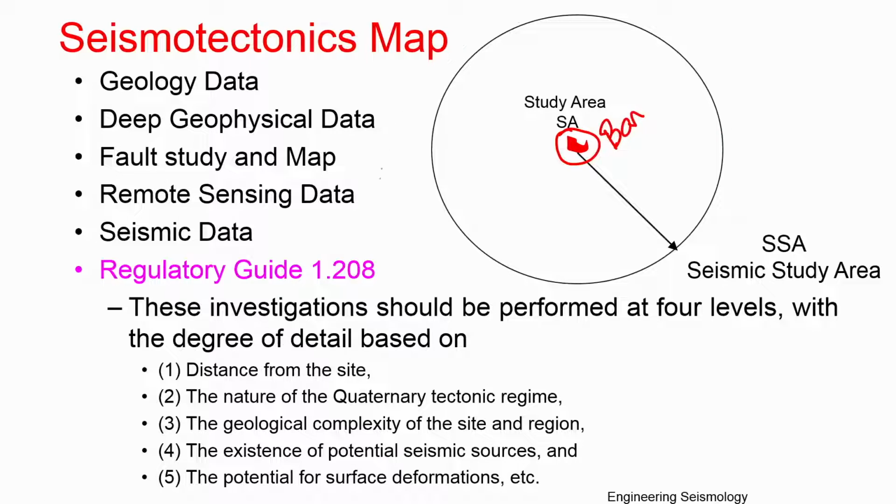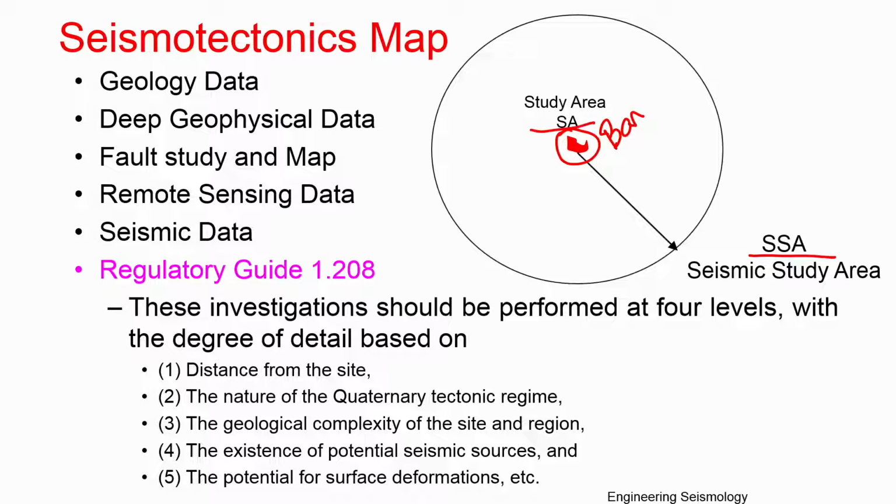How I will decide this radius is what we are going to discuss: what is the practice we follow, what are the lacunae in that, and in what way we can select a more representative study area. So you have to identify the study area and the seismic study area. After identification, we call it the SSA. The study area is the study area, and SSA is the seismic study area.